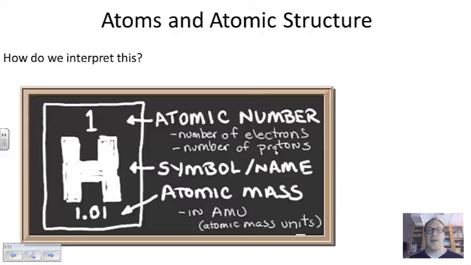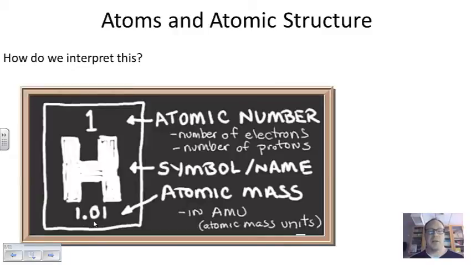So I'm going to go back to this. This number right here tells me the number of electrons, and it tells me the number of protons. As long as I'm dealing with an atom here, the protons will be the same number as the number of electrons, and this number is a 1. Now this number down here is going to tell me how many protons plus how many neutrons there are in the nucleus of an atom on average.